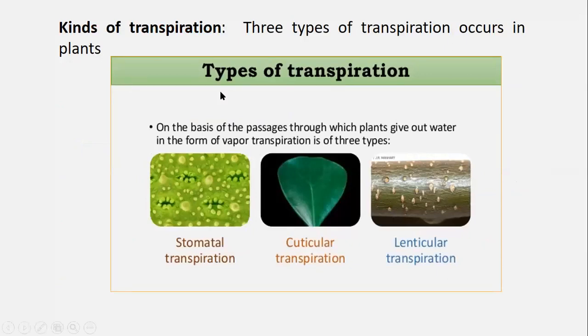Well, based on the structures which are involved in the transpiration, there are three types of transpiration in plants, namely the stomatal transpiration, cuticular transpiration, and lenticular transpiration.